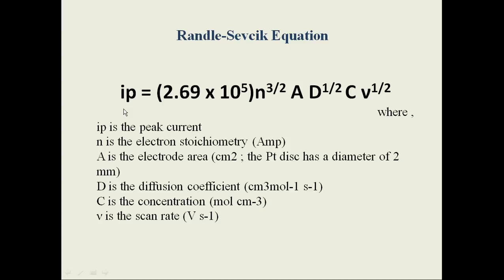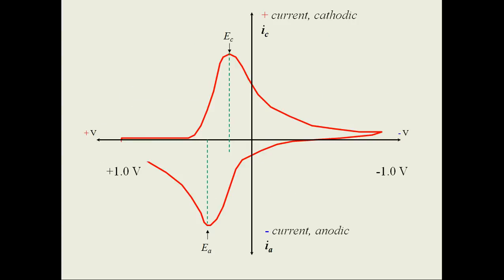And in CV, as we have told, it measures current as a function of potential. This is one CV of an analyte. Here this side is negative potential, that means potential is decreasing, and this side is higher potential. This current is for reduction of the analyte, because if we decrease the potential, then the analyte has a tendency to reduce after reaching some certain potential.